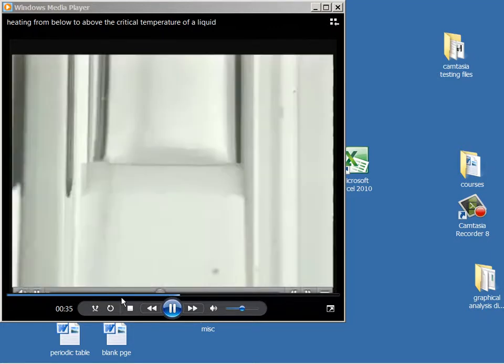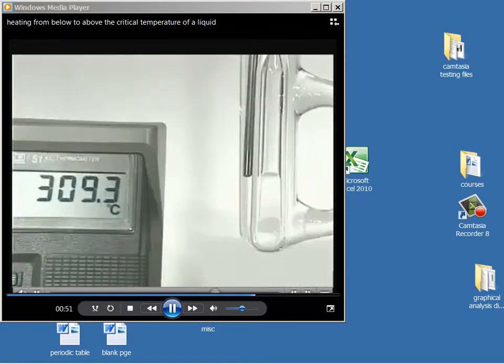So they heat it up some more. See, now the boundary between the two is really starting to get foggy looking. Now all these little bubbles and stuff, it's a condensation tube thing to keep everything the same temperature. You got this water bath thing going in there. And it's all made out of glass.